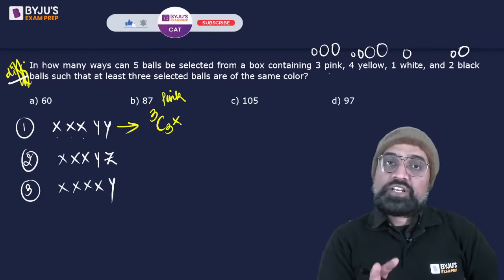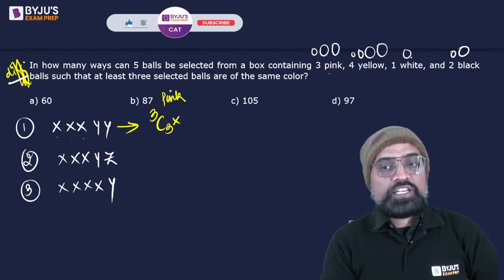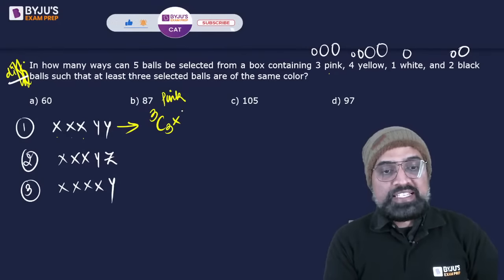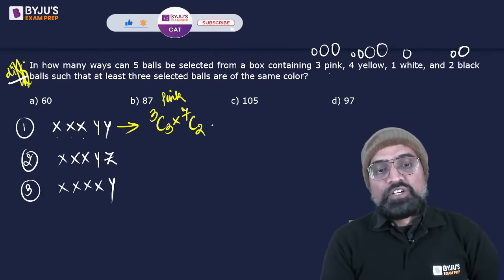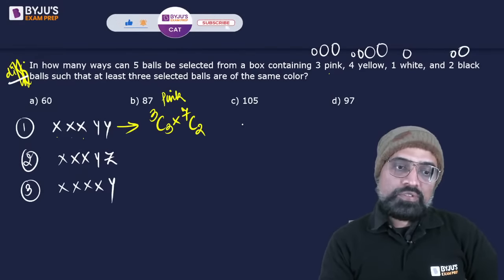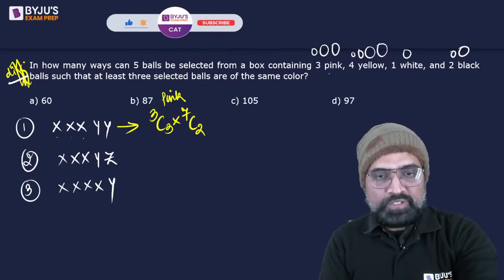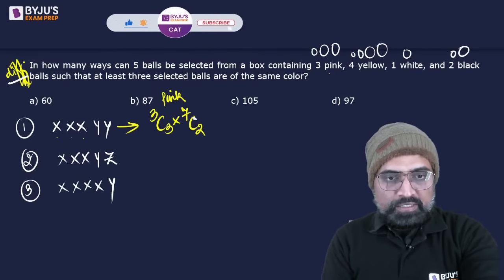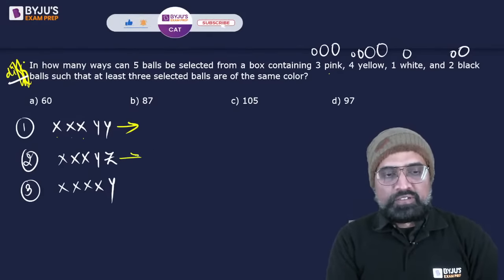I have chosen 3. Now we need 2 more balls. For those 2 more balls, we have 4 yellow, 1 white and 2 black. So those are 7. From those 7 balls, we can select 2. So this is the case when we have pink and then, sorry, this will be true for this one. 3C3 into 7C2 will be for the bottom one.